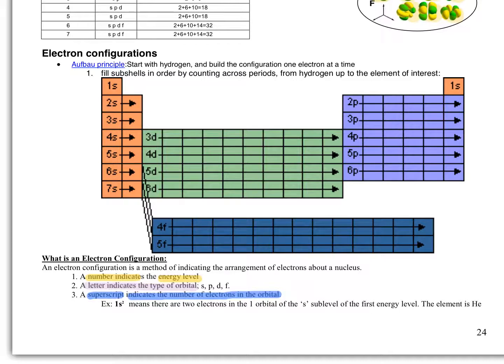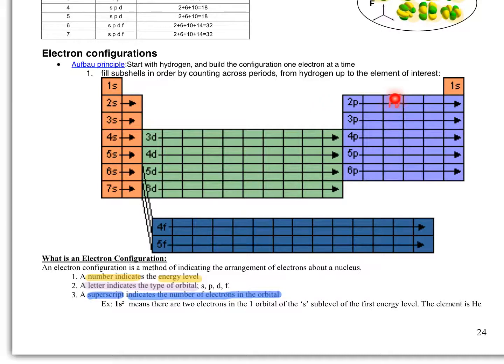If I wanted to find the electron configuration for nitrogen, which would fall right here on your periodic table, you're going to think of it like giving directions. I want to know where every electron is on the way to nitrogen. We always start with hydrogen. Well, you're going to start at 1s, you're going to go down 2 blocks, then you're going to go to 2s, go down 2 blocks, go to 2p, and go down 3 blocks.